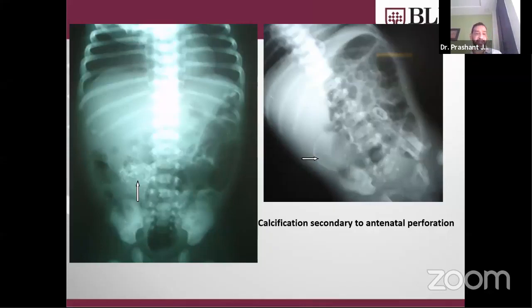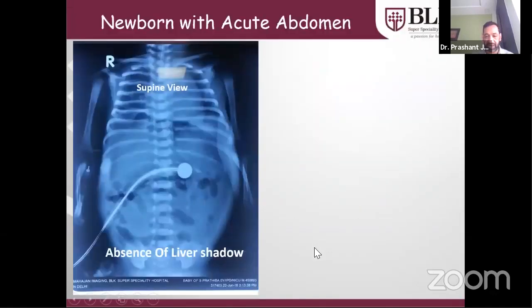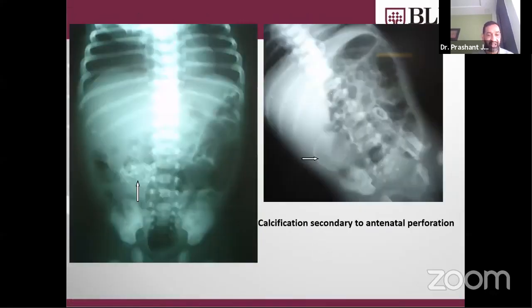Now, as I have mentioned, one should also look for some abnormal calcification in the abdomen. This newborn baby, otherwise fine, did not have any issues, was tolerating feeds, with more or less uniform gas distribution. Gas in the rectum is also present. The abdomen was not distended, but some abnormal calcification was seen.